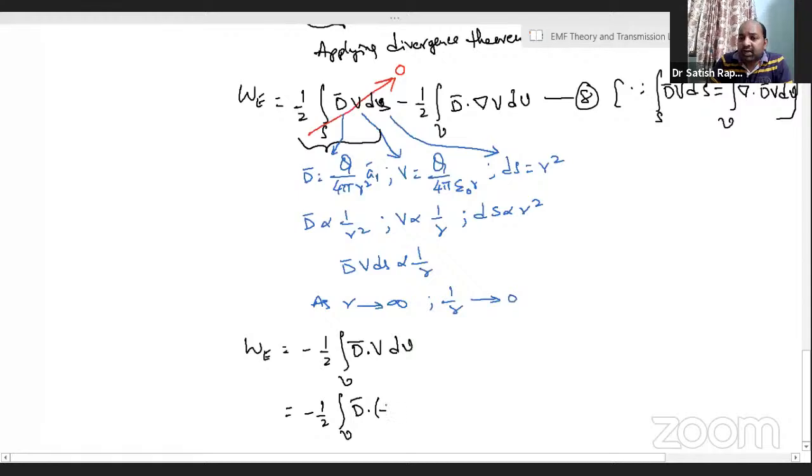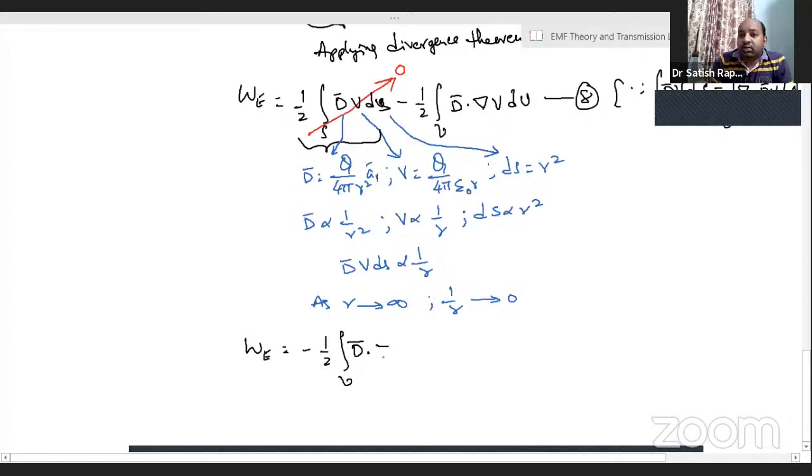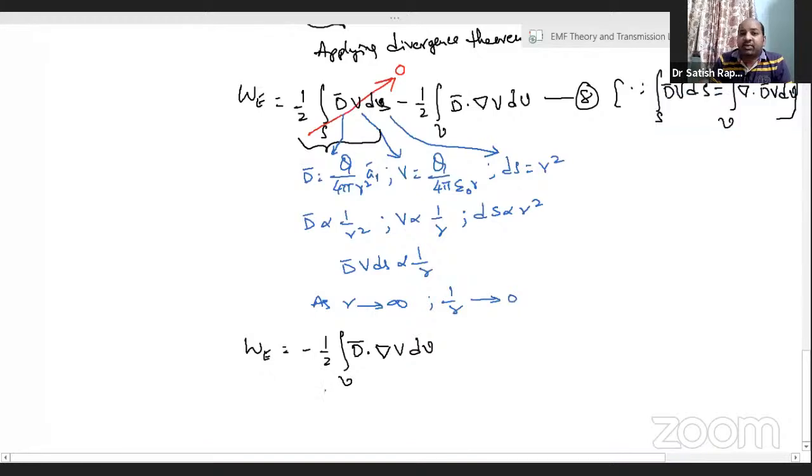Here V is equal to... I have forgotten to write delta V. D bar dot delta V dv, from equation 8, right?